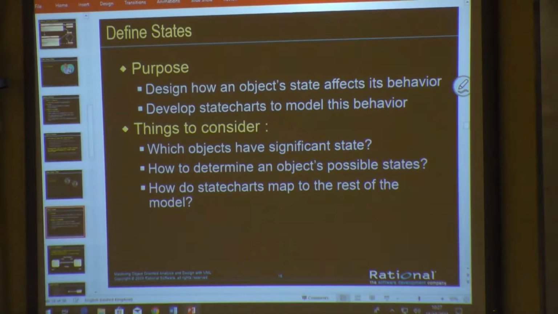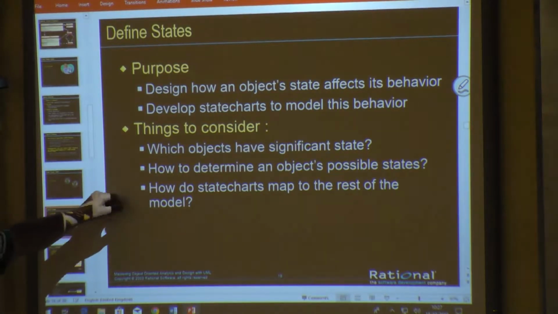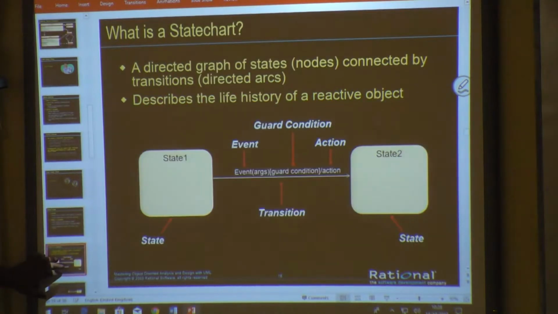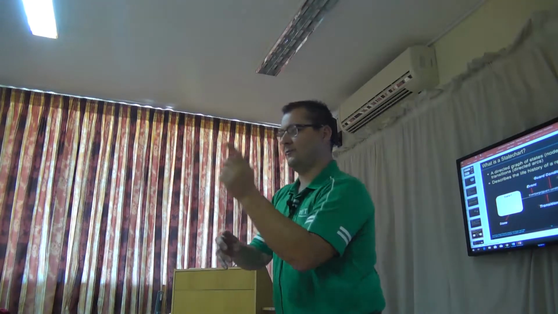Which objects have significant state? How to determine if an object has possible state and what are the possible states? And then how do state charts map to the rest of the model? So what is a state chart? There's an example. We can have a state like student, registered student. What's going to make you go from the one state to the other?